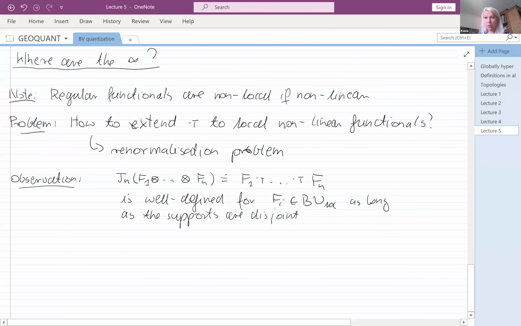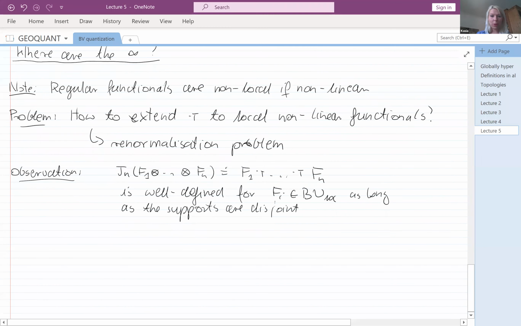Okay, so now we know that. So the problem of defining these time-ordered products for local functionals can be reduced to the question, how do we extend those guys to things with coinciding supports?